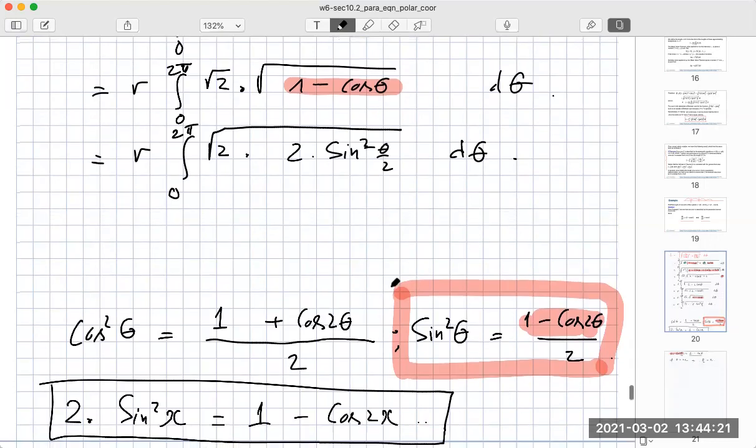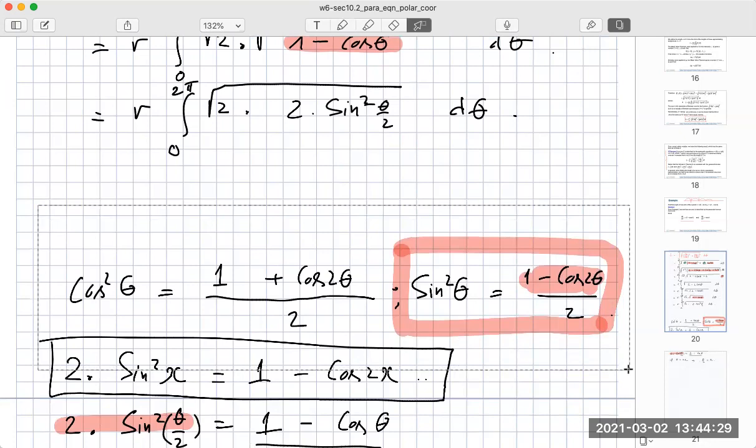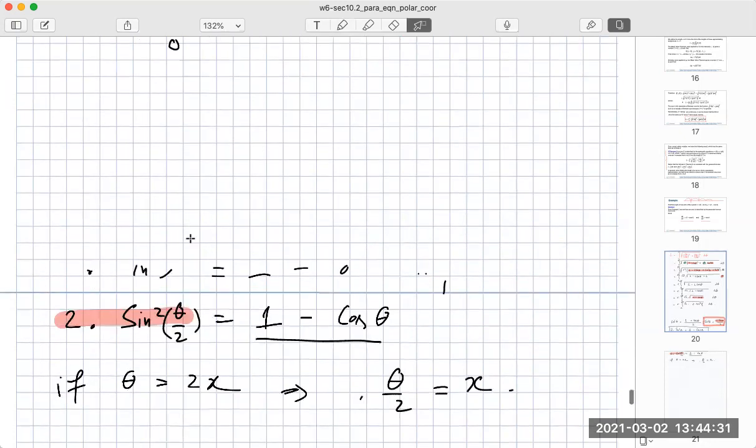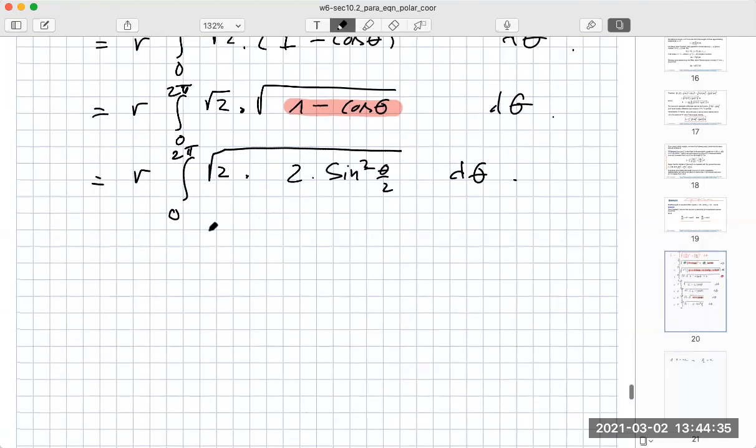Okay. Now let me remove these. Here, the inside has a 2 squared, right? Therefore, we can take it out of the radical sign.